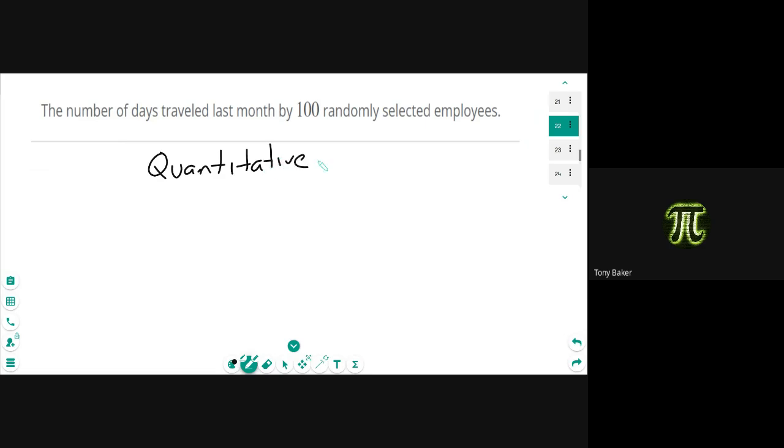So it's quantitative. Okay. So we know it's quantitative, that means it can be discrete or continuous. Is this discrete or continuous?